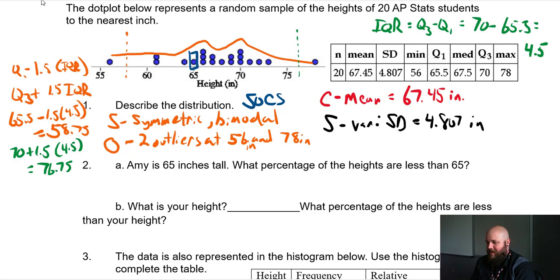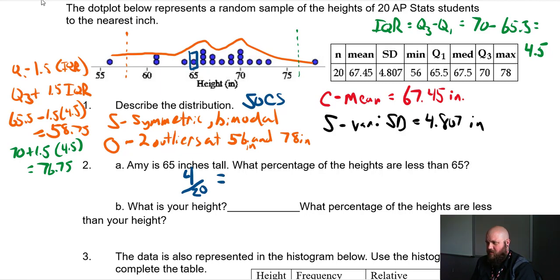Well, how many out of 20 are below 65? Well, we have 1, 2, 3, 4. So there are 4 below, right? And there's a total of 20, right? Because our n total is 20.